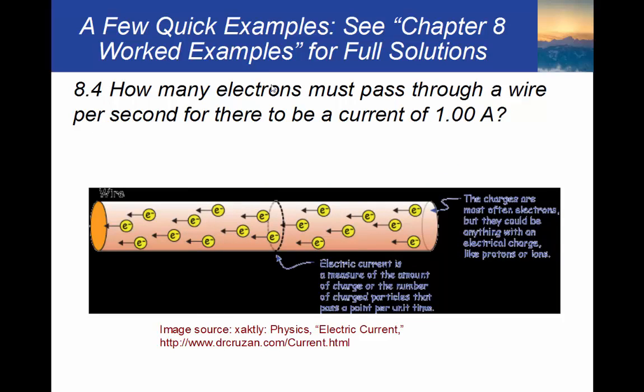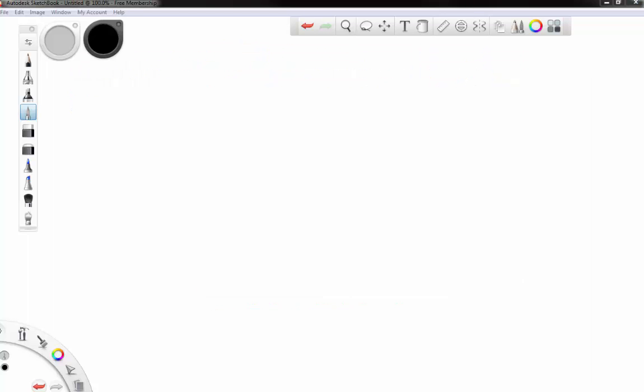All right. Question: how many electrons must pass through a wire per second for there to be a current of 1 amp? All right. Well, we usually use an I to represent current, and the current is usually the amount of charge that passes through a given cross-sectional area, in this case the wire, per unit time.